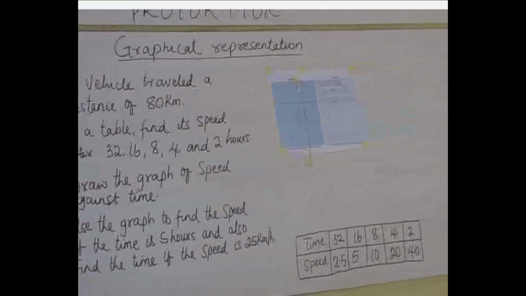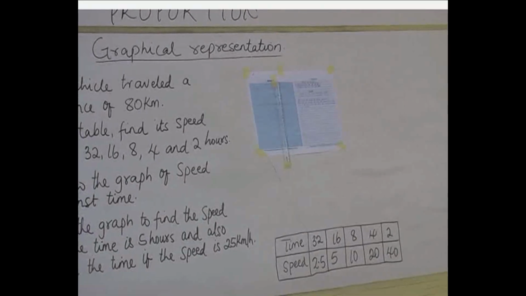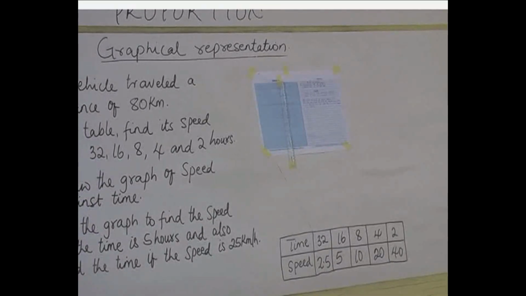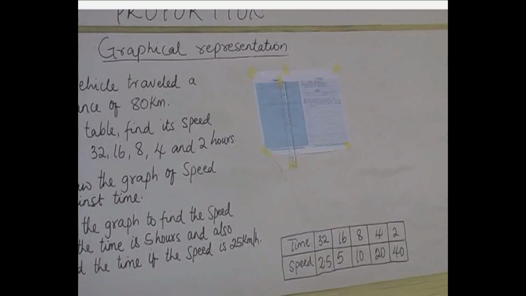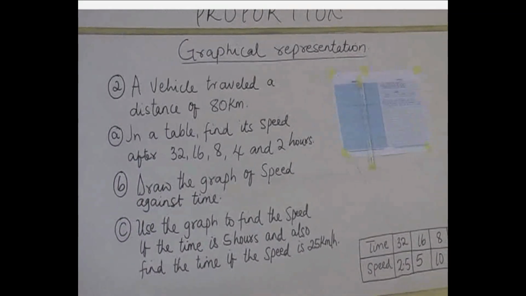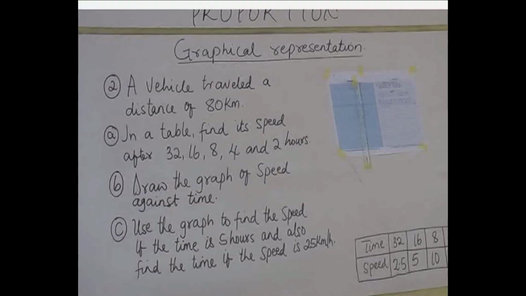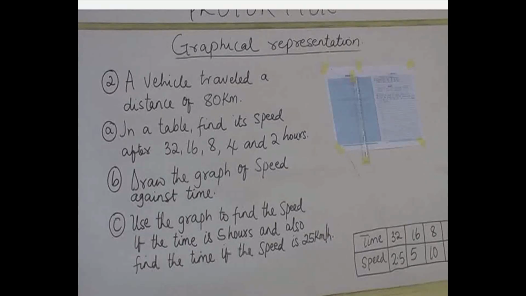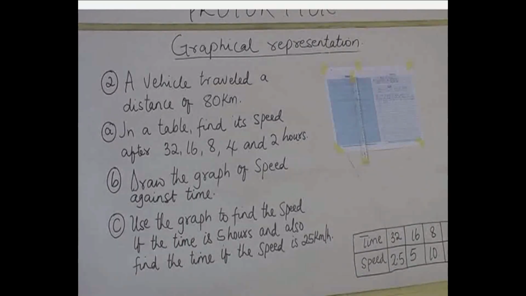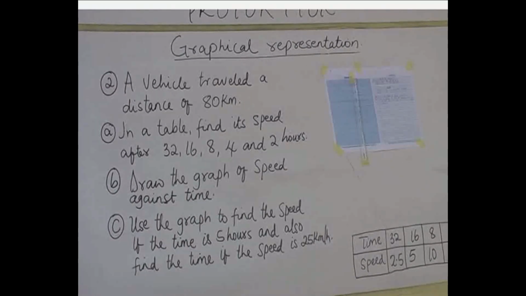That we have done in that table of values there. So that table of values has answered question number A. Then question number B: draw the graph of speed against time and use the graph to find the speed if the time is 5 hours, and also find the time if the speed is 25 kilometers per hour.